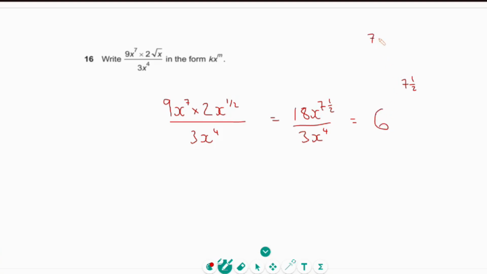And now I need to do 7.5 minus 4, because when the base is the same, we subtract the powers, which is 3.5, or 7 over 2. m is 3.5, k is 6.